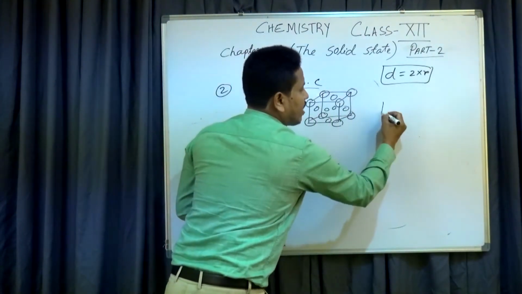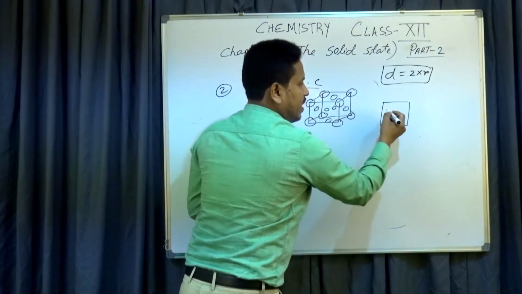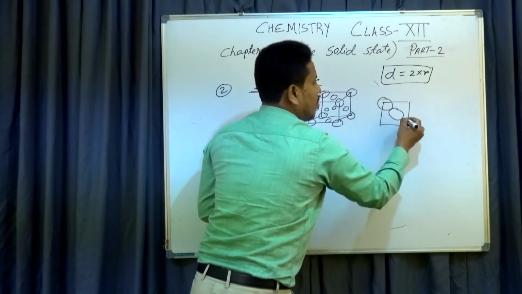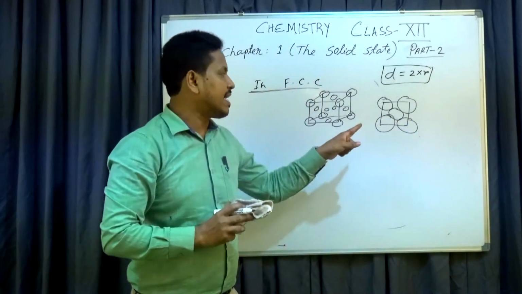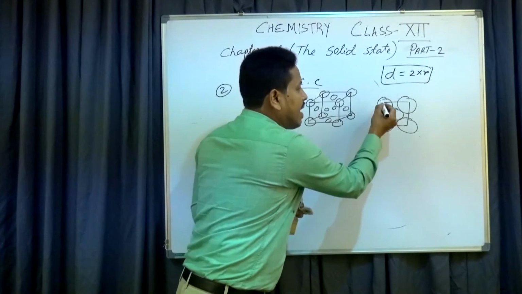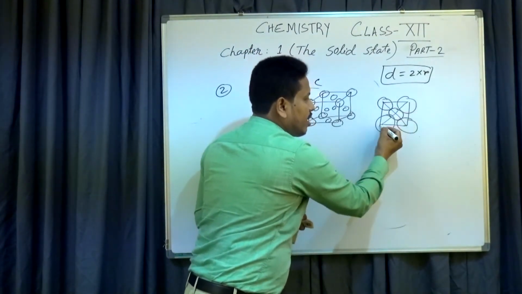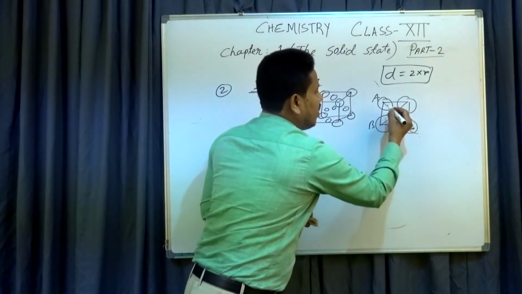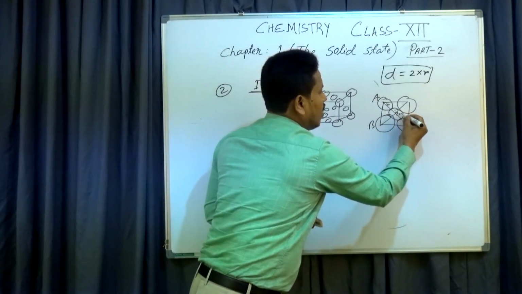Let this be the face. Due to presence of the face center atom, the corner atoms do not touch each other, but the three atoms lying along the face diagonal touch each other. So A, B, C, this is the face diagonal: R, 2R, R.